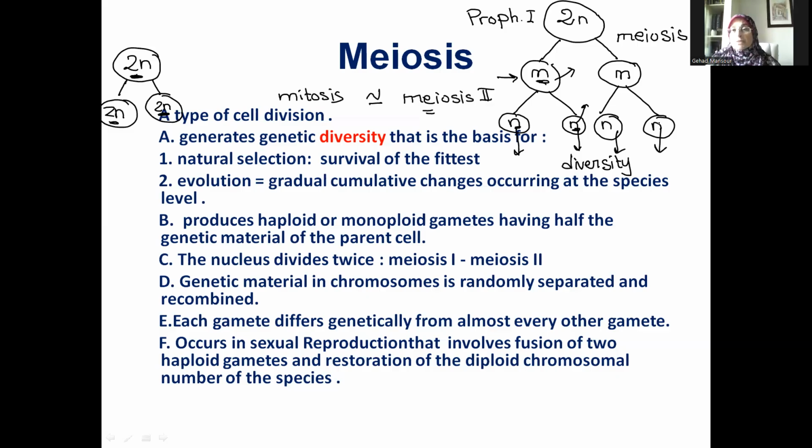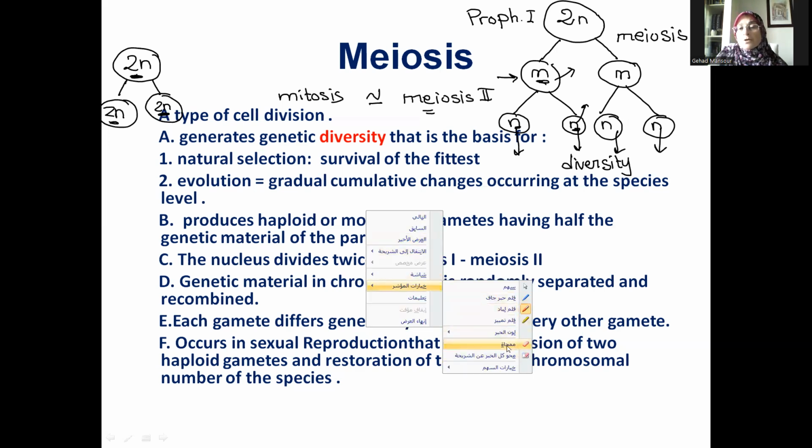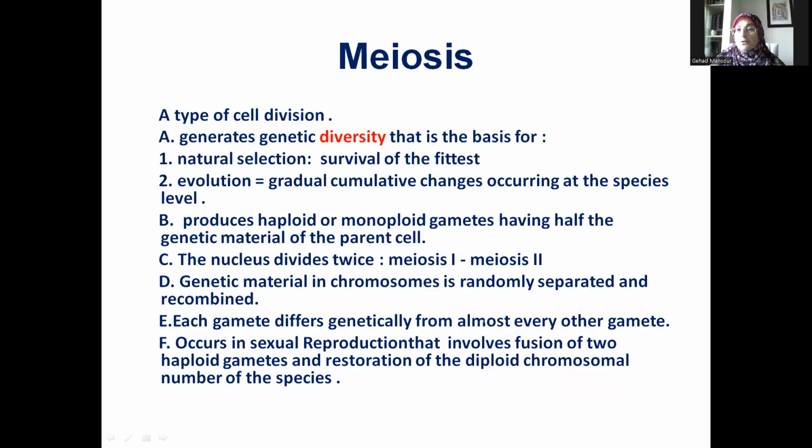Is diversity important? Yes, diversity is important because diversity results in evolution. What is evolution and how does diversity lead to evolution? This is what we are going to learn in the unit on evolution, but let's have a very rapid idea about it now.